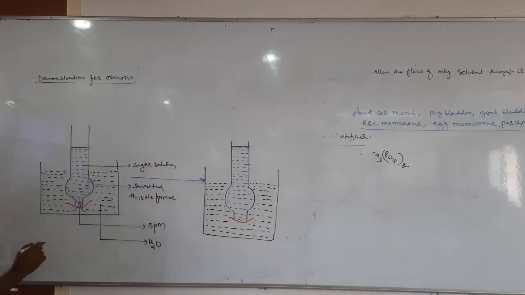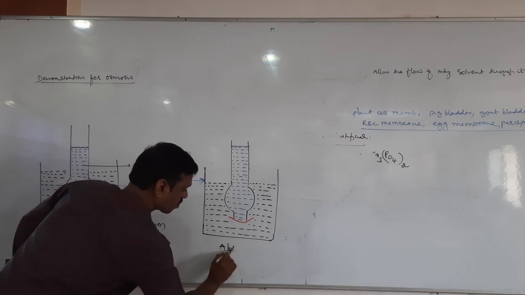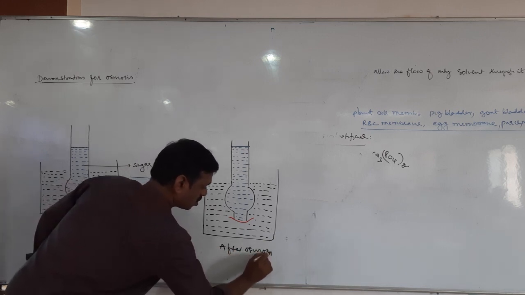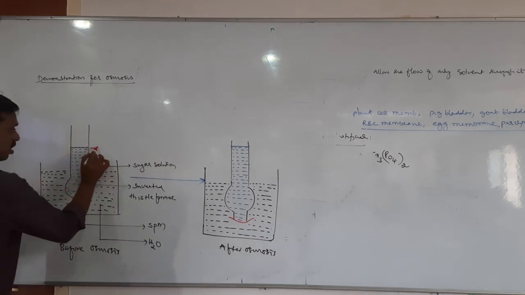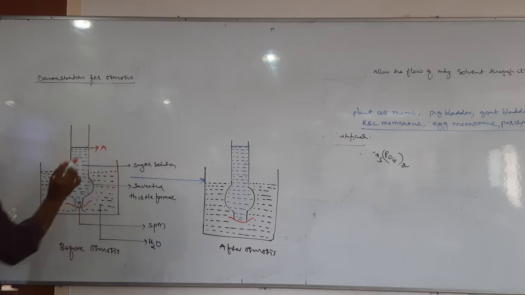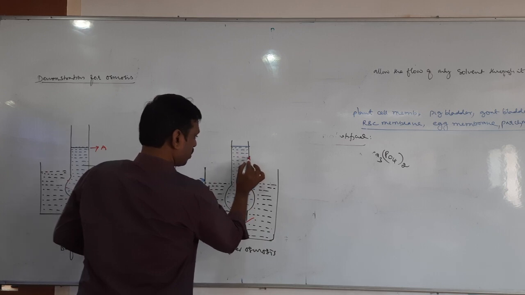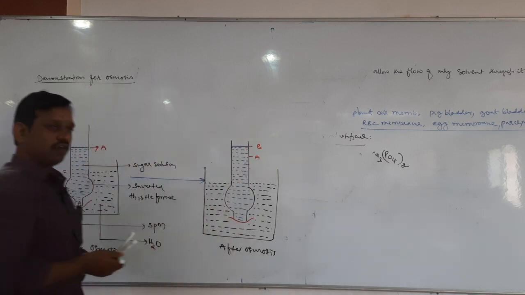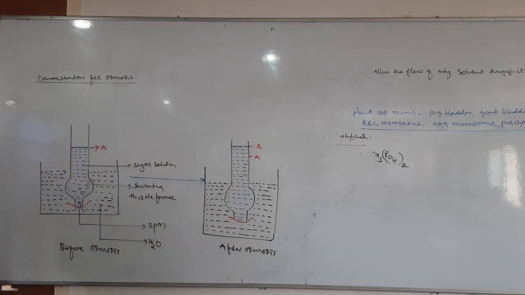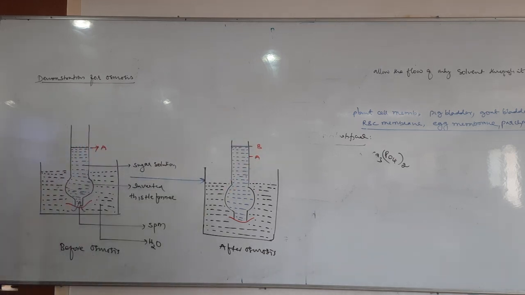Right, so this is before osmosis, and this is after osmosis. So the difference between after osmosis and before osmosis: let us take the level of solution as point A. After this it becomes point B. This is the level of sugar solution. Then how much is the level increased? A to B. So it is due to osmosis.